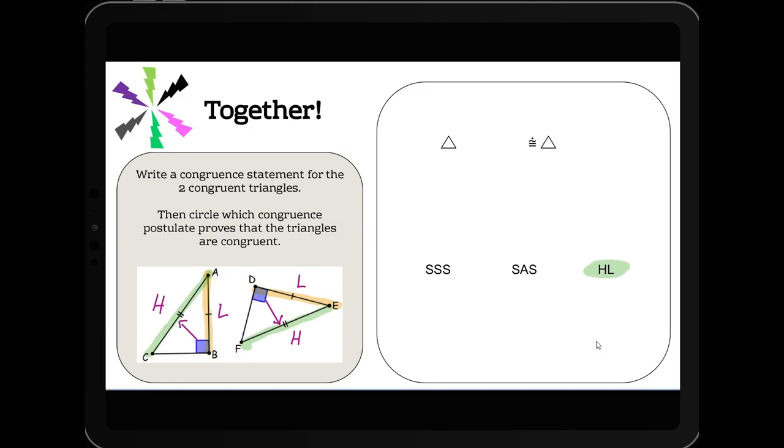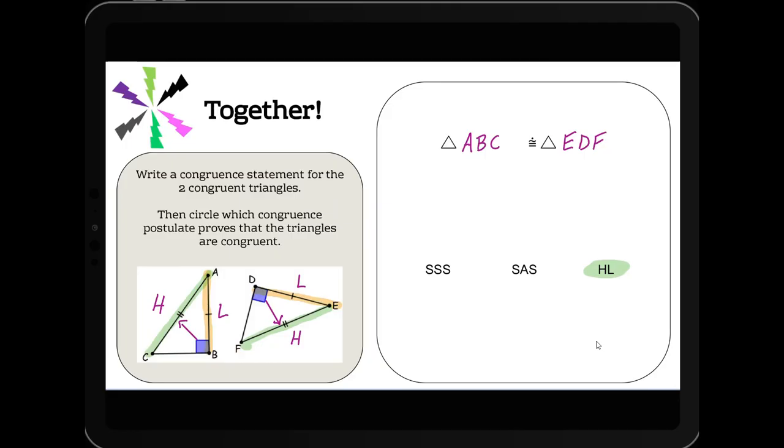Sometimes you can say RHL if you want. So now that I know that, I can go ahead and identify triangle ABC matches with EDF. So that is going to be my congruent statement in that case. And if you rearrange the letters again, that's going to change how you might write your answer, but they still have to match up.